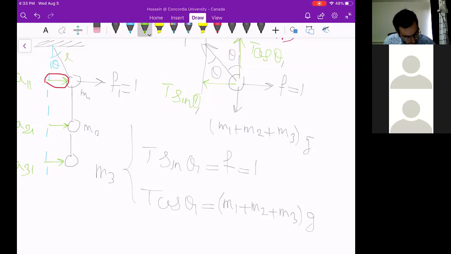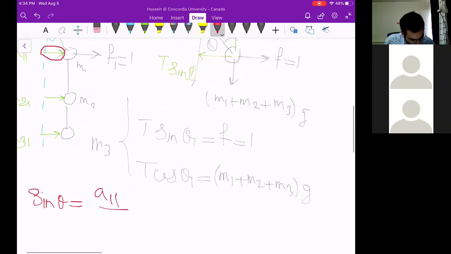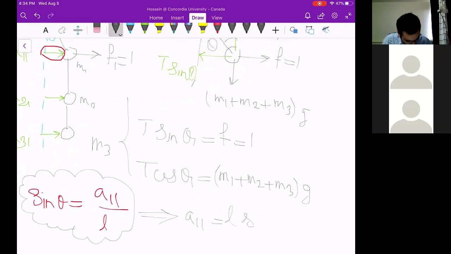L multiplied by sine theta would be this, or alternatively you could say sine of theta is A11 over L, right? Okay, this is a main important step. This is the first step I should have written in the first place. So A11 is L sine of theta1.